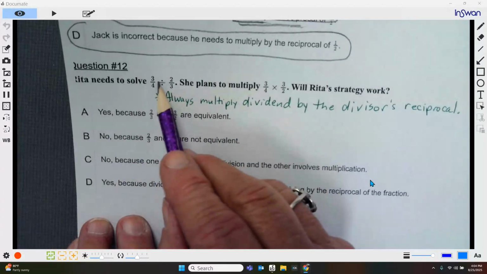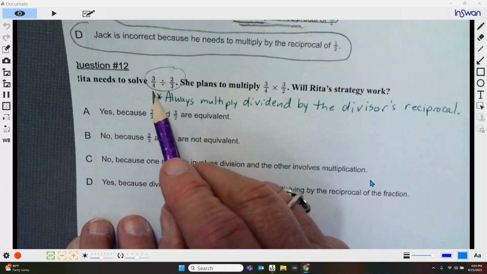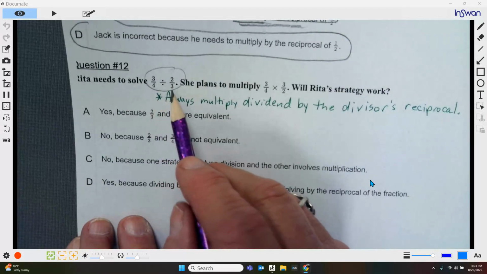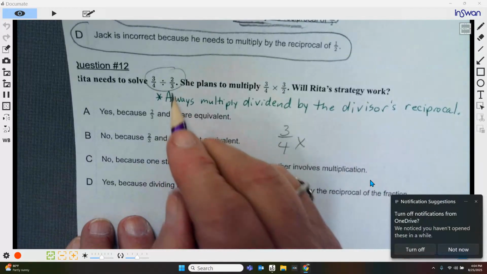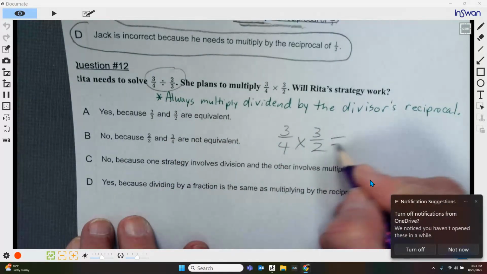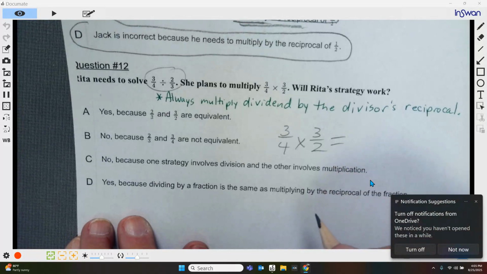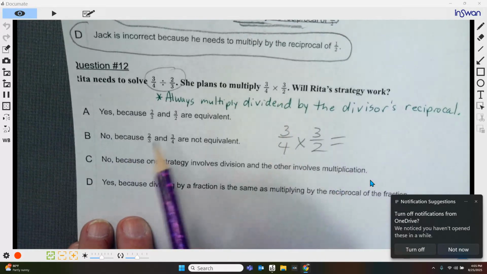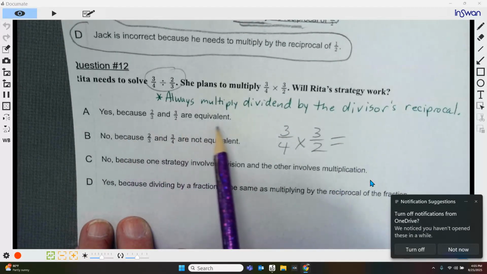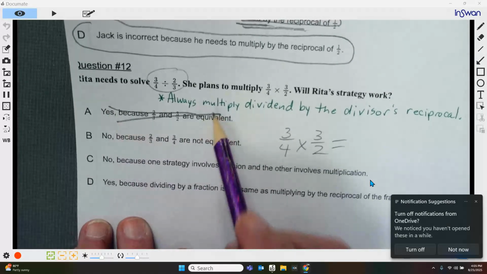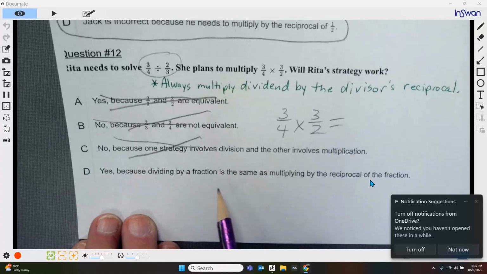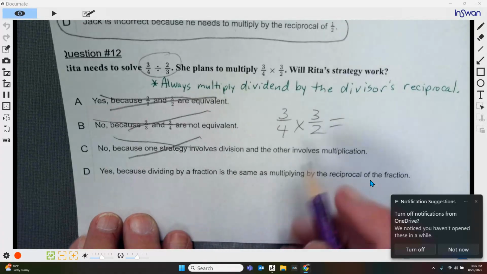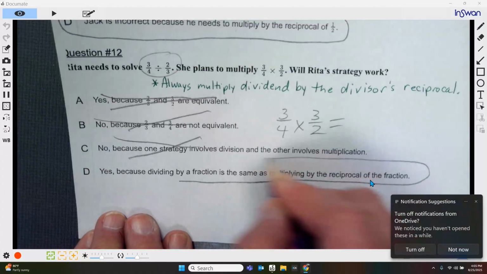So if I look at this problem, 3/4 divided by 2/3 is the same as 3 over 4 times, you flip the 2/3 to 3/2, and that is correct. She did it correctly. She multiplied by the reciprocal. Yes, because dividing a fraction is the same as multiplying by the reciprocal of the fraction. Yep, that's it right there.